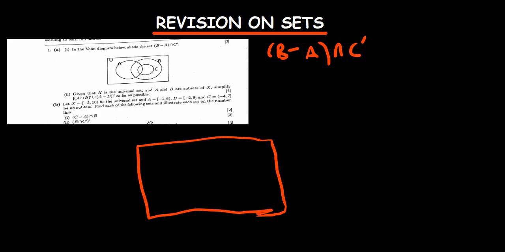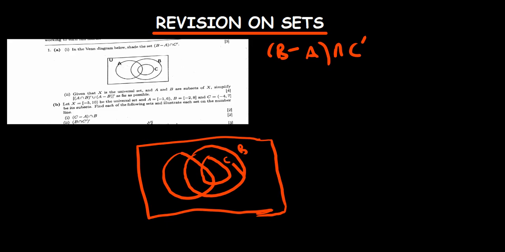Okay, so I have A, and then I have my B, and then I have my C seated here in my B. So what do I call that set C, this set which is seated in the set B?